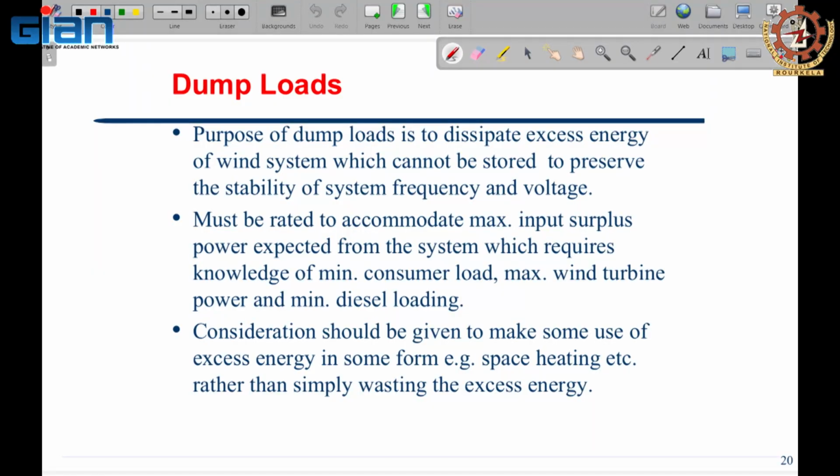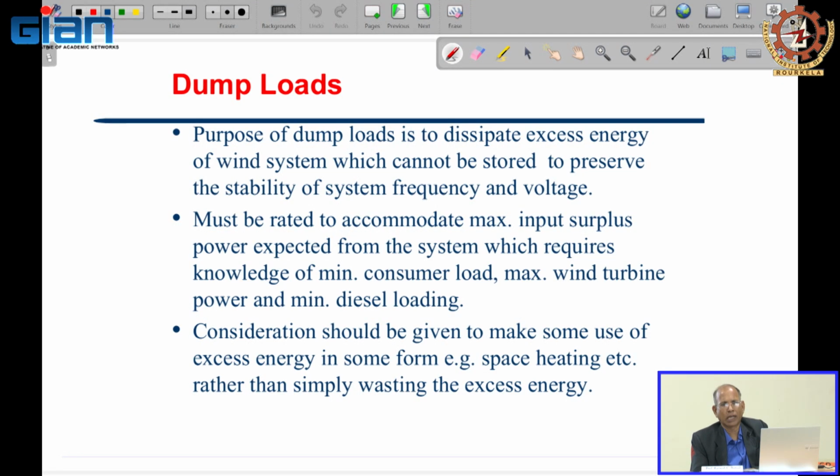Even if you are not running the diesel generator, the power is more than your load. So that additional renewable energy you have to dump, from the wind or even from the photovoltaic. But obviously you are not going to operate the diesel generator at the same time. Whatever excess is being generated, that you are dumping. At least the diesel generator you simply switch off.